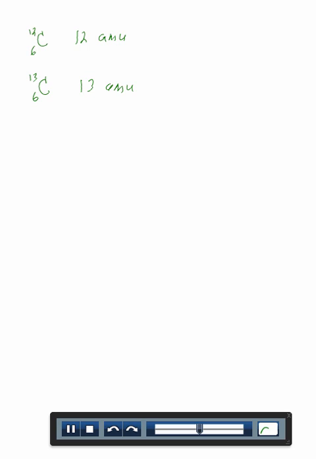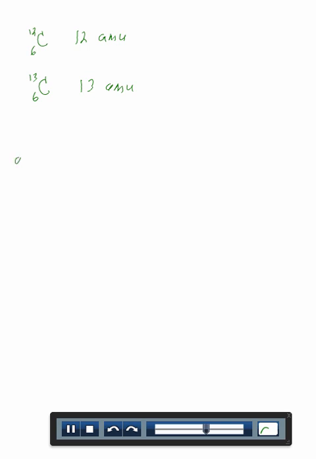And if we wanted to find the average weight of naturally occurring carbon, because it occurs as a combination of these 2 isotopes, we could take the abundance, the fraction of each isotope that exists in nature, and get an average weight.